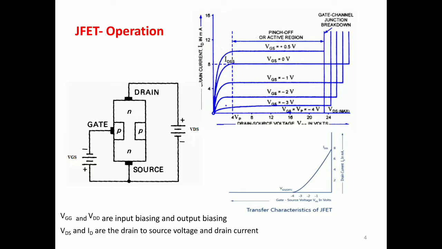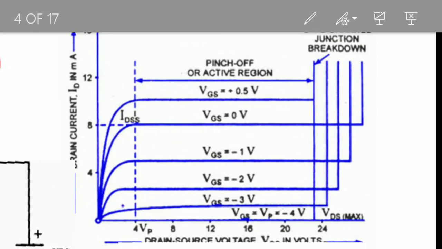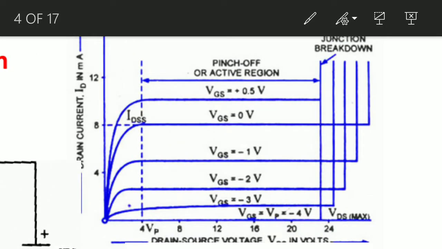Once the voltages are externally connected, we will directly discuss the drain characteristics and the transfer characteristics of the JFET. So what are the drain characteristics? The diagram shows VDS on the x-axis and the output drain current on the y-axis. There are various steps to be discussed here.